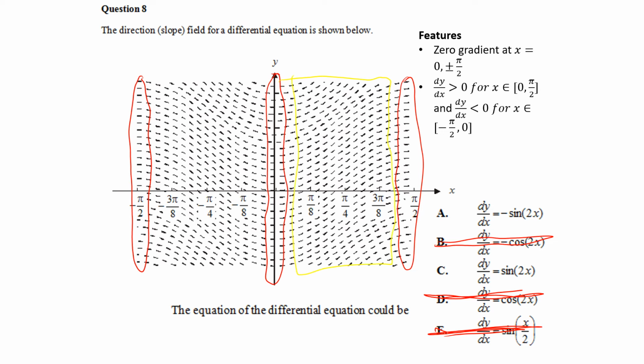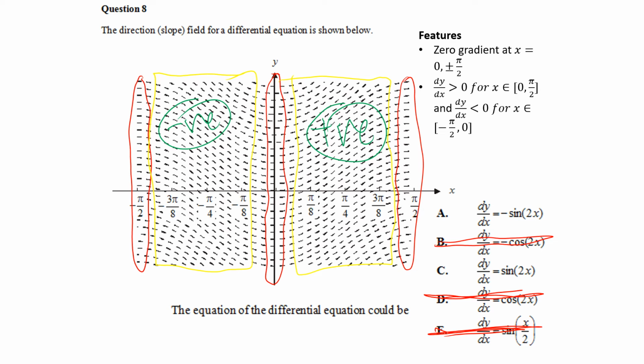So positively sloped. Okay, and when x is negative between 0 and minus pi on 2, in this region here, every slope is negatively sloped. Negative. Okay, so now that should help us inform the right choice.